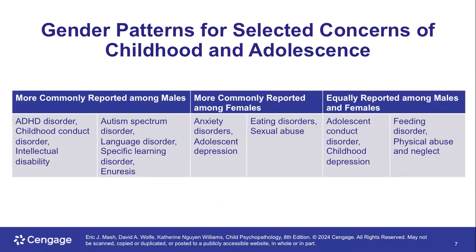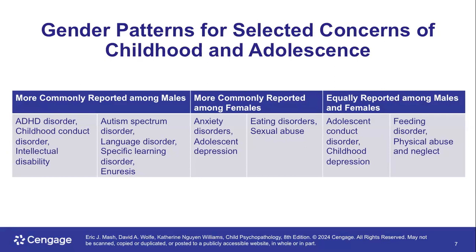It fits that prism of, yeah, that makes sense. It's going to be more common amongst males relative to females. Intellectual disability, again, it's IQ-based as well as adaptive functioning, so that has a cognitive component. Autism spectrum disorders have a cognitive component, and so forth.